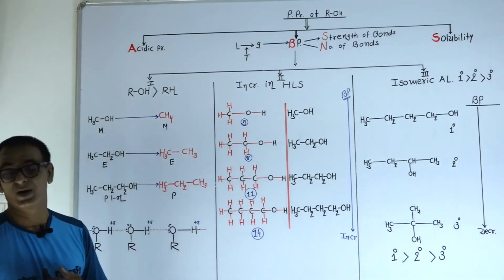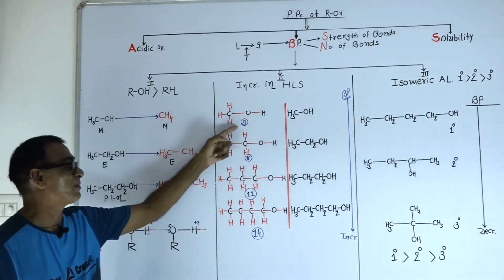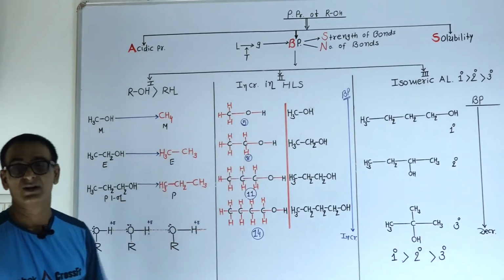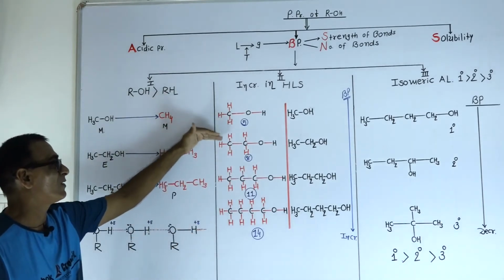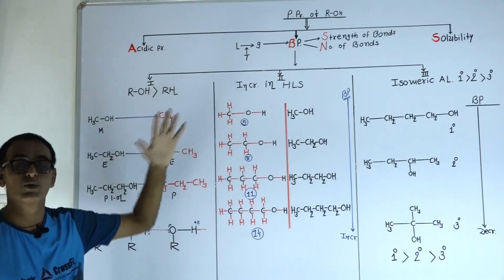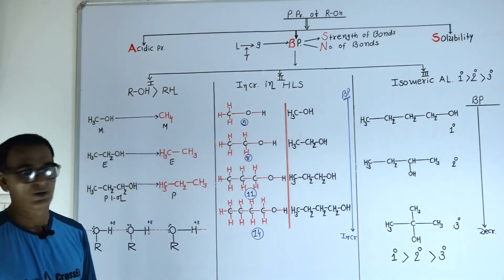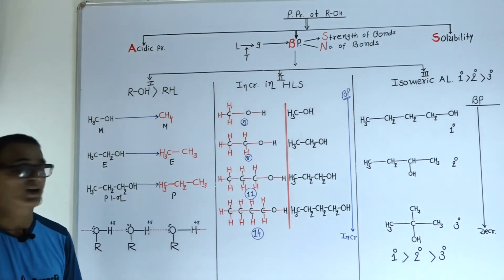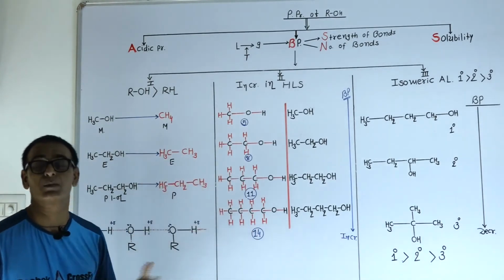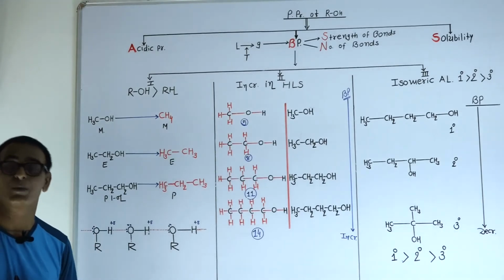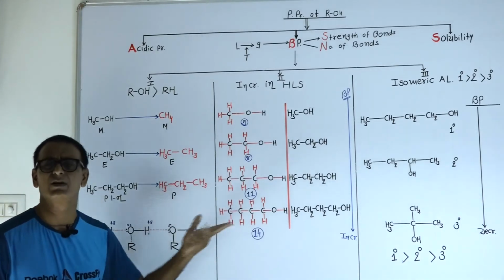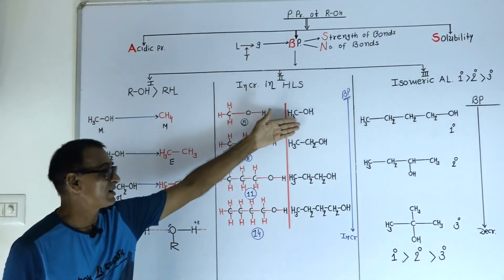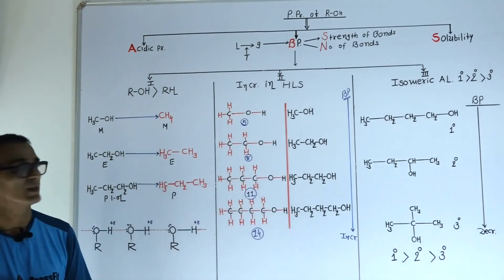The energy, the heat required to break 5 bonds is less compared to the heat required to break 8 bonds, and that's why the boiling point of ethanol will be more compared to methanol. As we go down the homologous series, the number of bonds increases, so more energy is required, and that's why the boiling point keeps increasing.